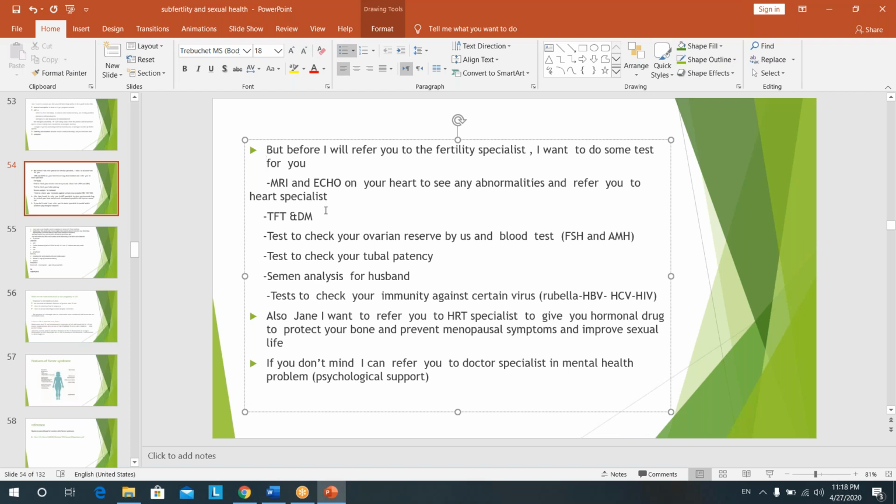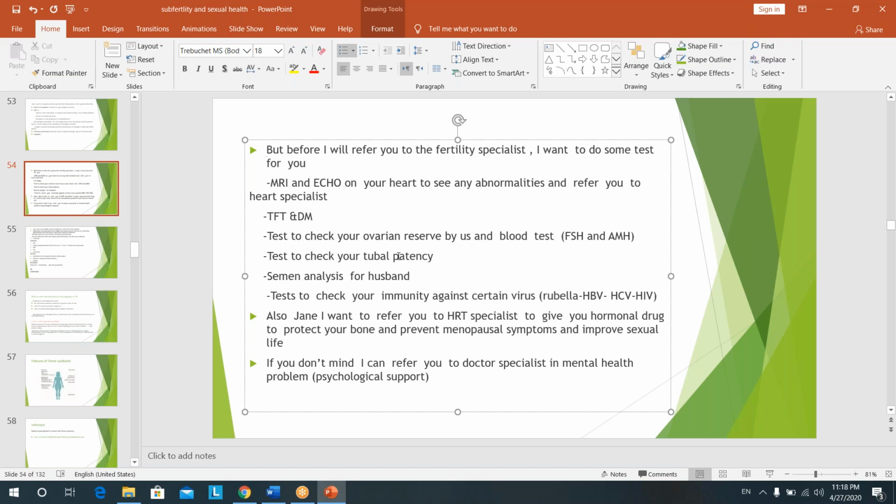Do a thyroid function test and diabetes screening. Check ovarian reserve by blood tests like FSH and anti-Mullerian hormone. Check tubal patency by hysterosalpingogram, laparoscopy and dye. Semen analysis for your husband. Check your immunity for viruses like rubella, hepatitis B, and hepatitis C.